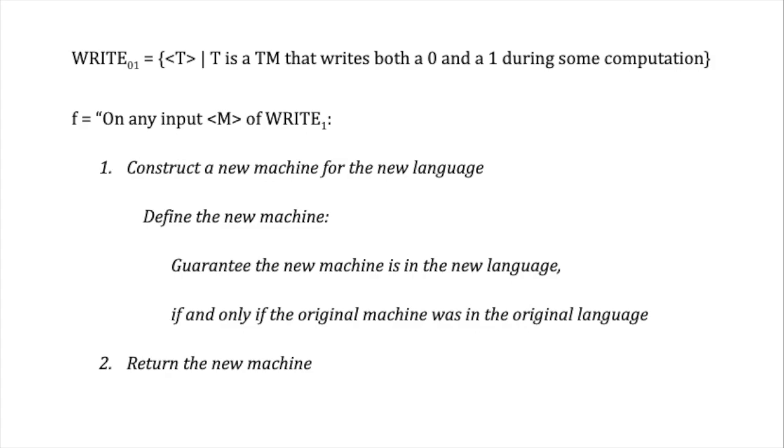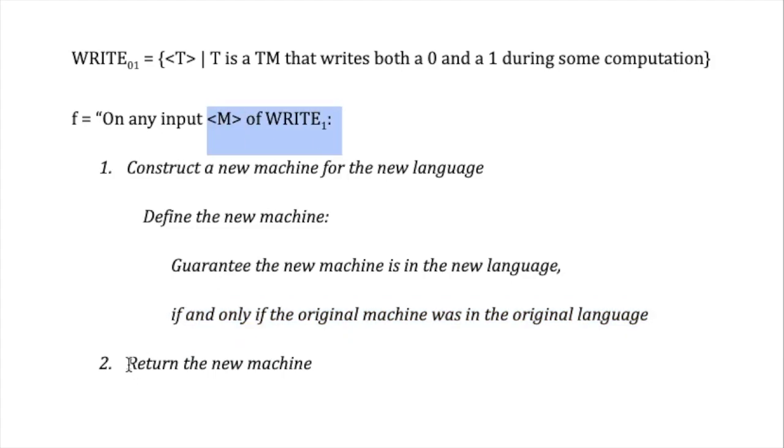So we're going to follow the same strategy as before by constructing a mapping reduction that takes in an input of Write1, and we're going to construct a new machine that is in the new language if and only if the old machine M was in Write1.